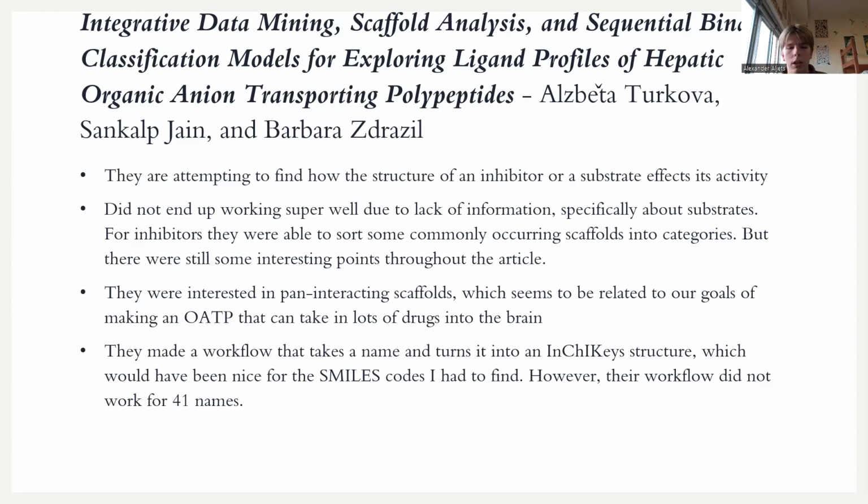That would have been nice, but it didn't work for 41 of these substrate names, because I guess there were too many similar names or something. They just had to look them up old school like I did for 41 of them.